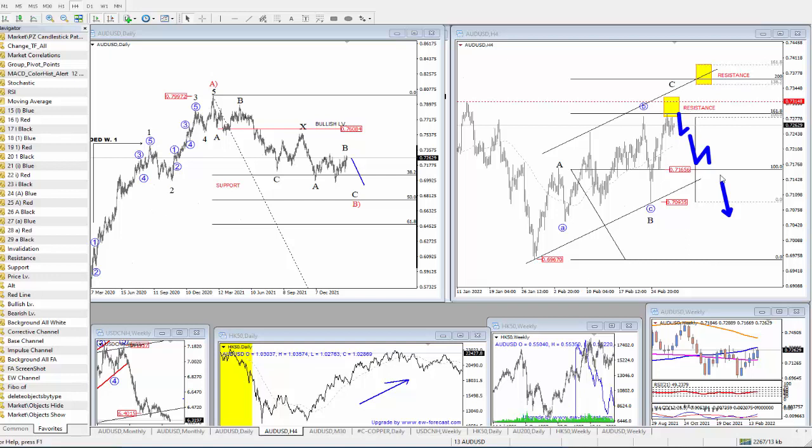So either we see a 5-wave drop from first resistance here at 7300 or maybe 7400. That would be the second important resistance area for Aussie. So these are two levels that I'm watching, from where I have to see a response to the downside to make sure that bears are coming back.